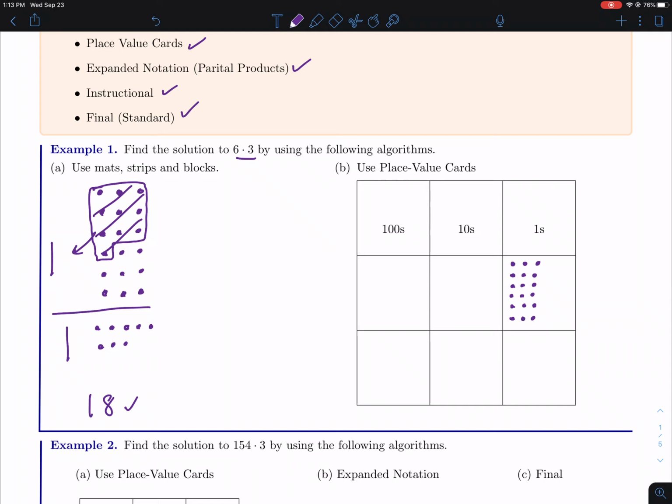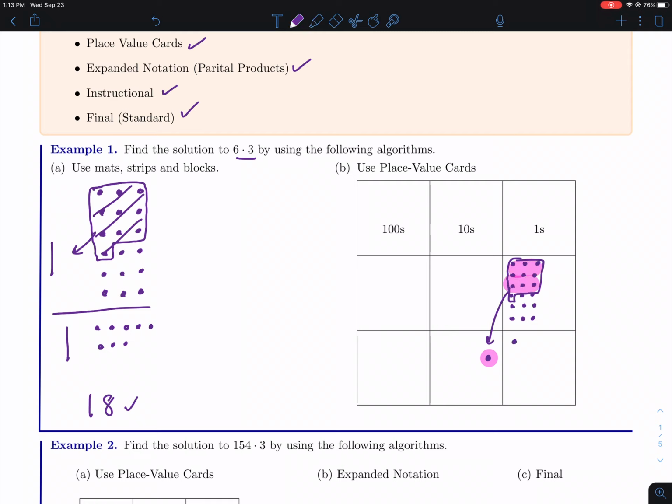Then, just like we did over here, without having the columns, we want to cash in 10 of these ones positions and turn them into a single dot in the strips position. That gives us that dot, and we got rid of those because of it.